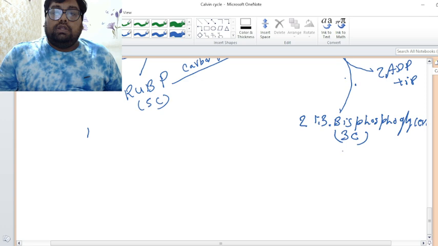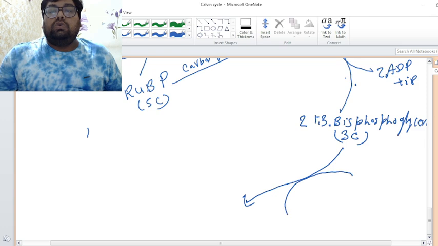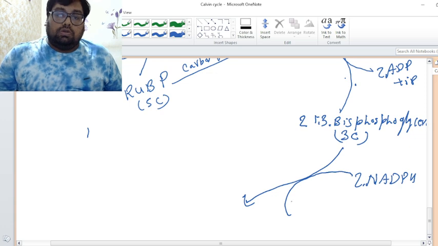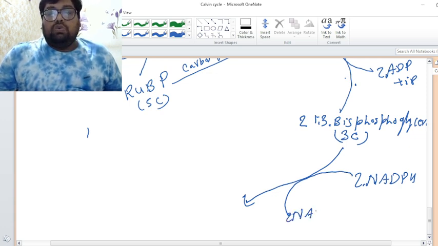Now there is also a reduction using 2 NADPH, which become 2 NADP plus.